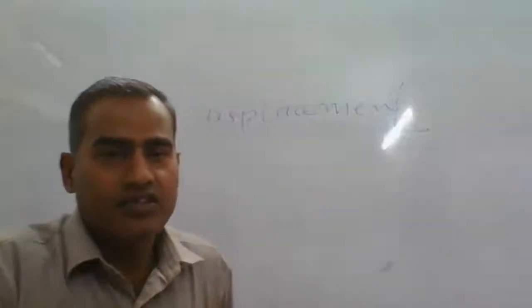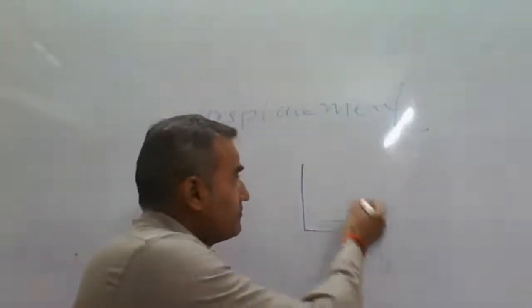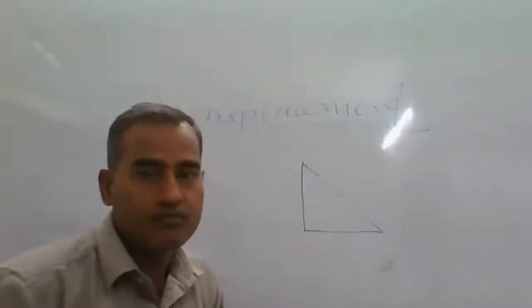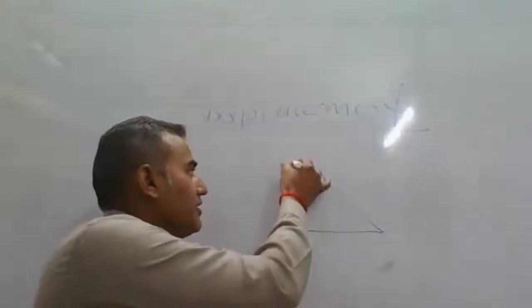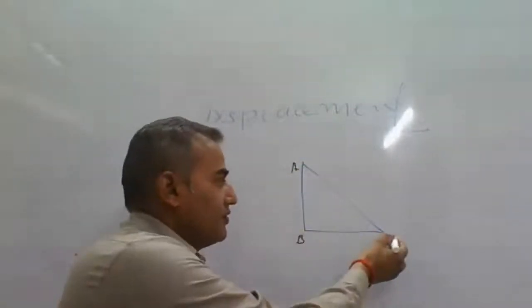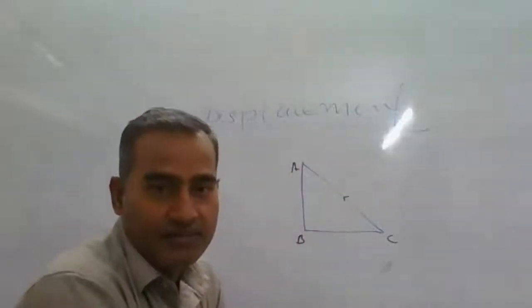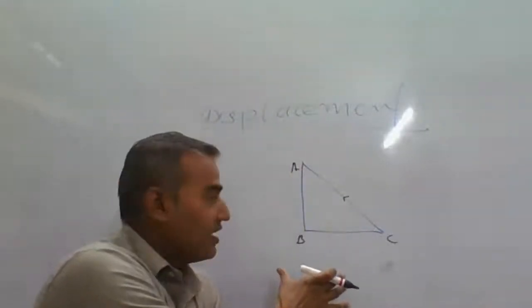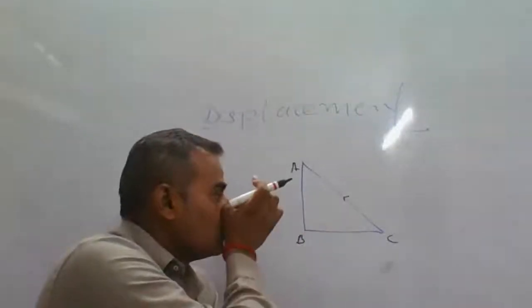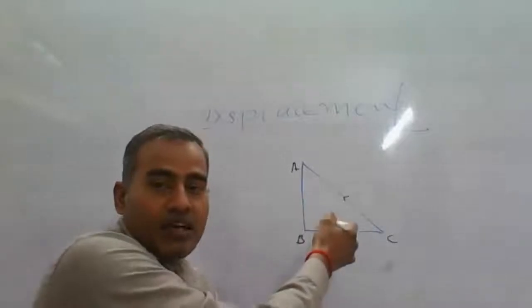Means if we consider a triangle ABC, AC has a specific direction, and here AB and BC are termed as distance.